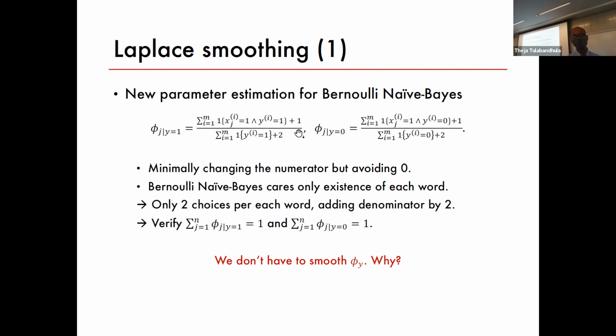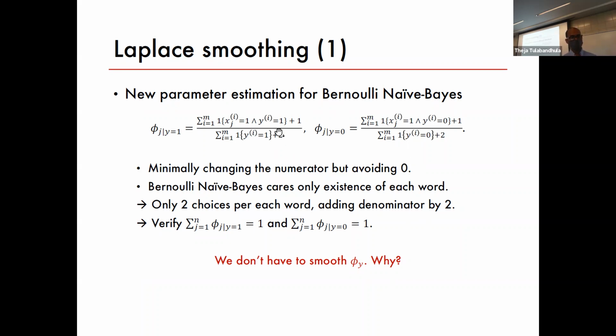So why exactly this? Why not some other numbers? You can certainly use other numbers as well. There's no hard and fast rule that you have to use 1 and 2 here, but basically you're just lifting it away from 0. So even if the word doesn't appear in training data, your estimate will be like 1 divided by the number of positive examples plus 2, for example. So you're basically avoiding 0.